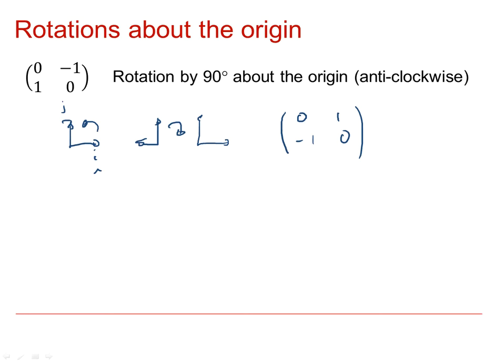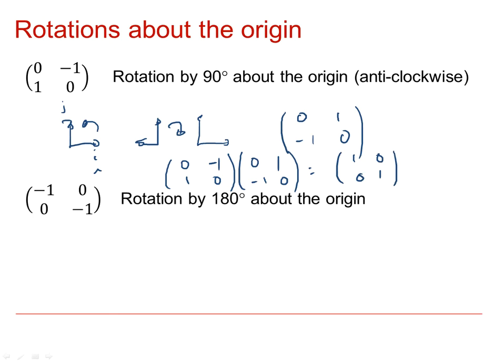And of course we can check that that rotation, which is 90 degrees clockwise, does indeed give us the inverse by multiplying the two together. We take these two matrices, which represent the two transformations, multiply them together, and we get the identity matrix.